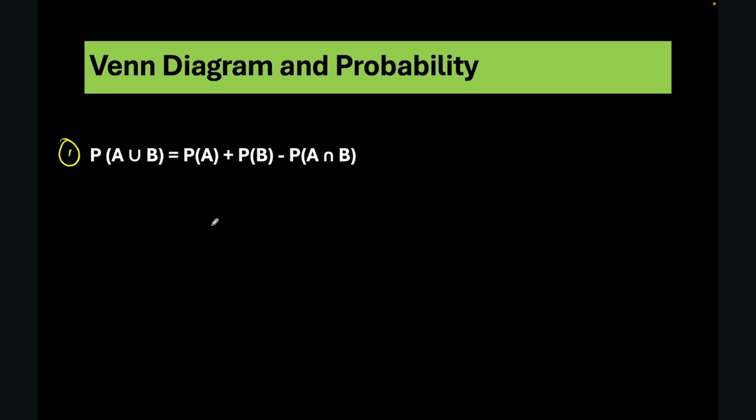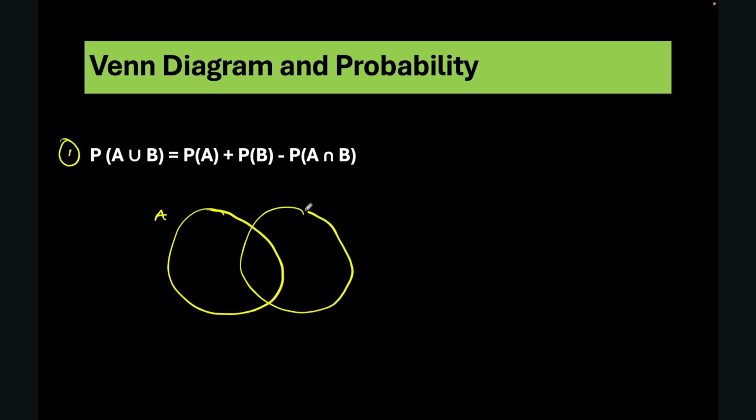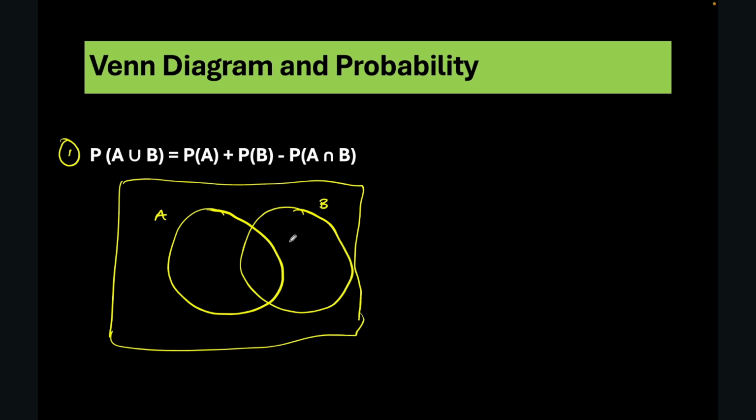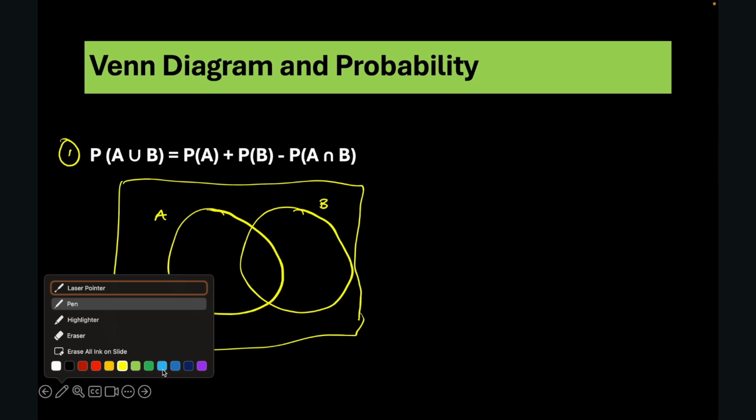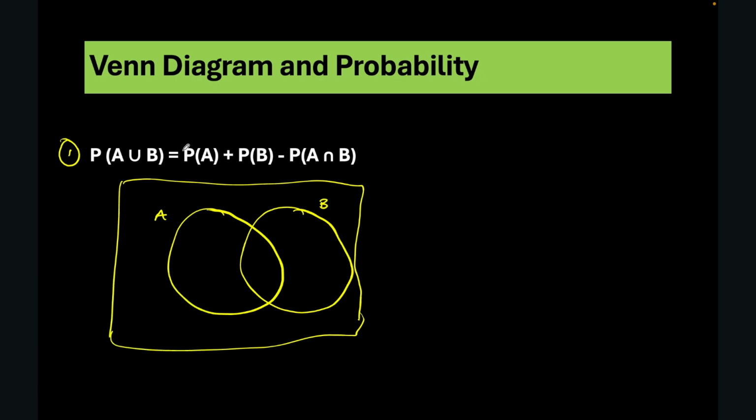Okay, so let's draw it visually. So I have my first event A, event B. Okay, and this is my overlap. And let's draw the border encompassing the sample space, like this. Now A union B, I'm gonna highlight it. Let me do this in blue.